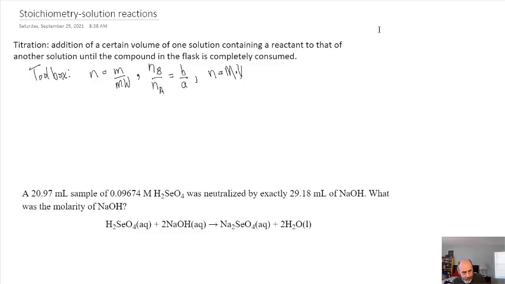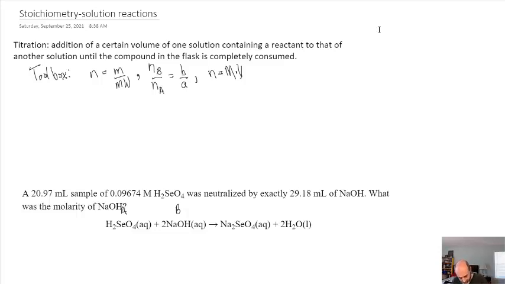Sodium hydroxide is our unknown. So we start by saying, let's call NaOH for base, and this other compound A for the acid.